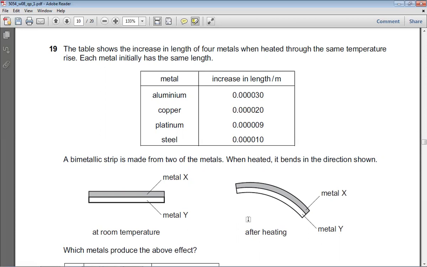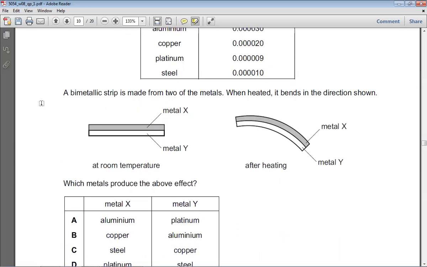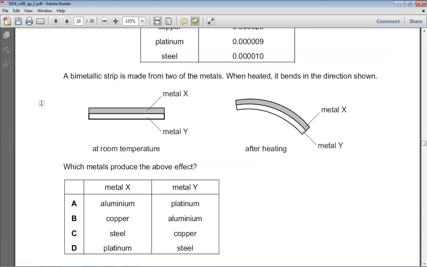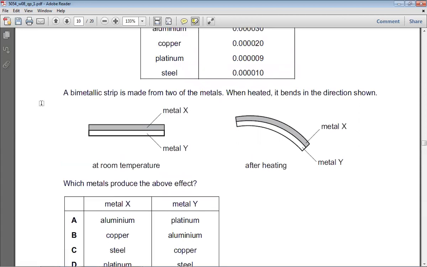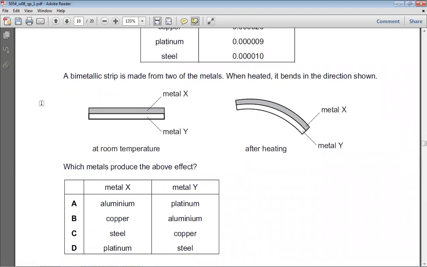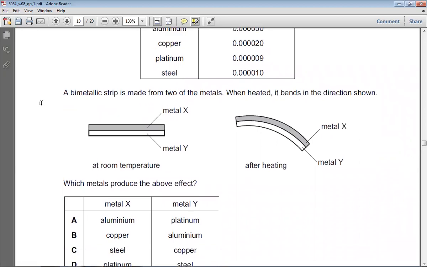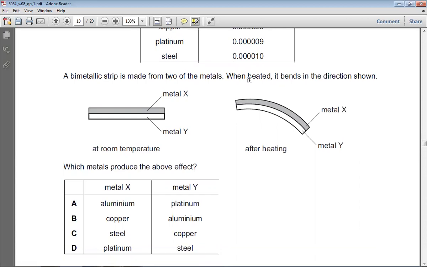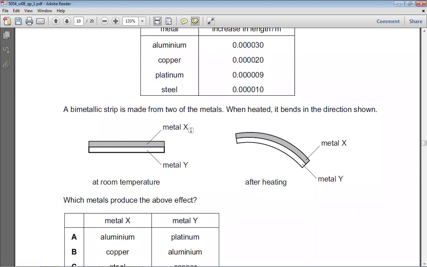Now we have different options here. Which metal produces the above effect? Metal X should be something whose expansion is more as compared to metal Y. So let's check. The first option is aluminum and platinum. The X should be expanding more.